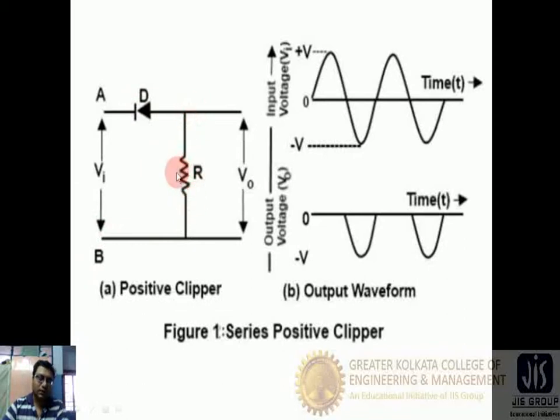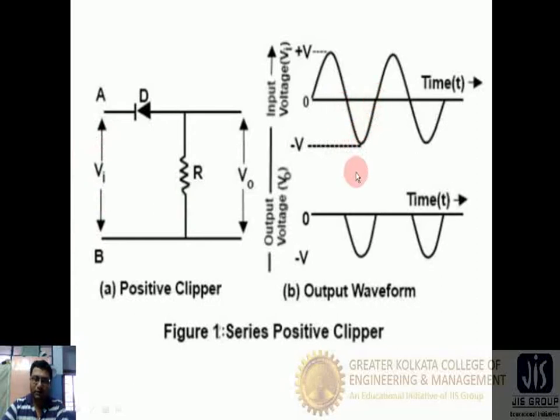So now the diode is in forward bias state. When the diode is in forward bias, it allows current to flow through this resistance and we get almost the same polarity, almost Vin, at the output.